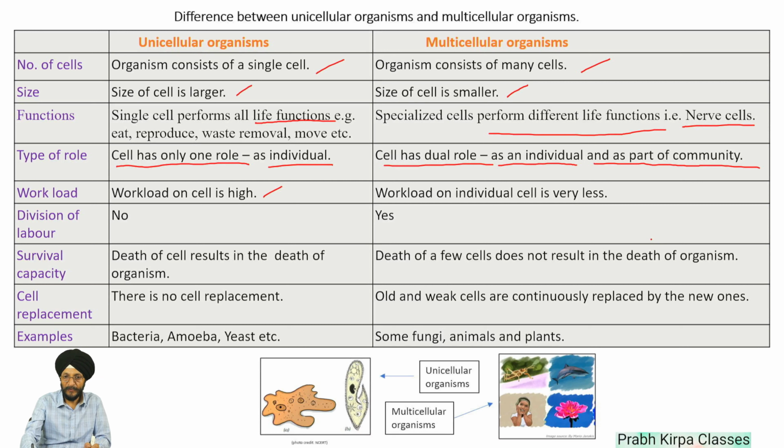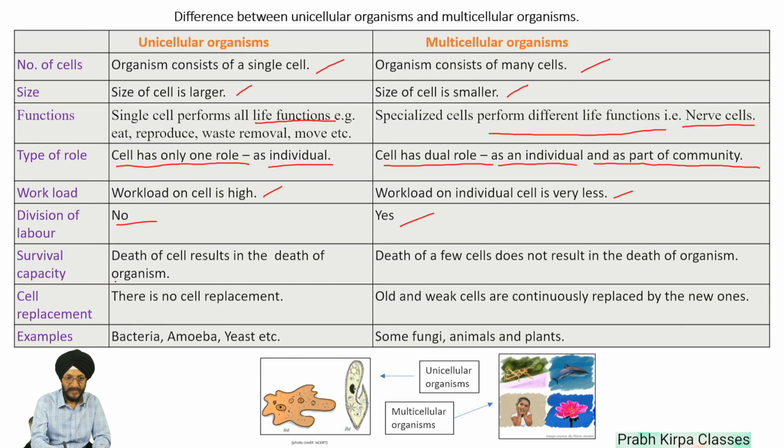In the case of multicellular organisms, workload on an individual cell is very less. There is no division of labor in the case of unicellular organisms because all the functions have to be performed by the single cell, whereas there is division of labor in the case of multicellular organisms.